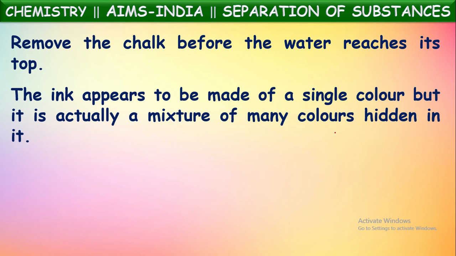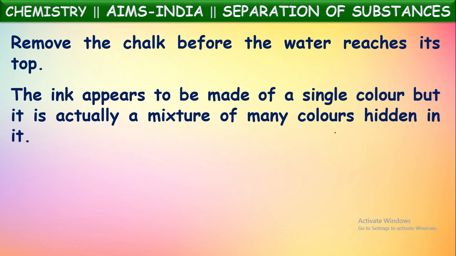Then these ink particles will dissolve into water and the different particles present in the ink will start moving up. The lighter particles will move faster up, whereas the heavier particles move slowly up. In this way, they form 2-3 different layers on the chalk piece. You can see different color rings there.